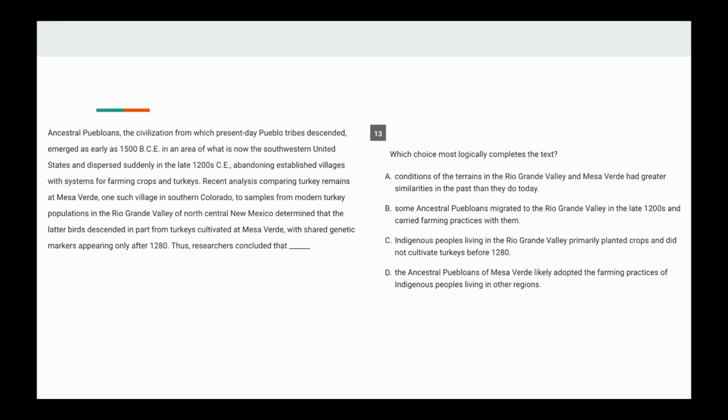So let's look at C. Indigenous people living in the Rio Grande Valley primarily planted crops and did not cultivate turkeys before 1280. Anything about indigenous people planting crops and not cultivating turkeys before 1280? Nothing about that in the passage. Horrible answer choice. Eliminate immediately.